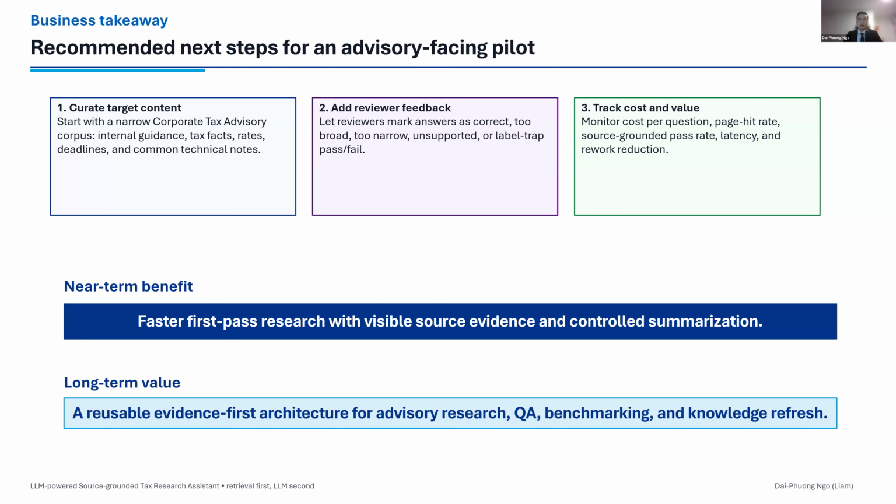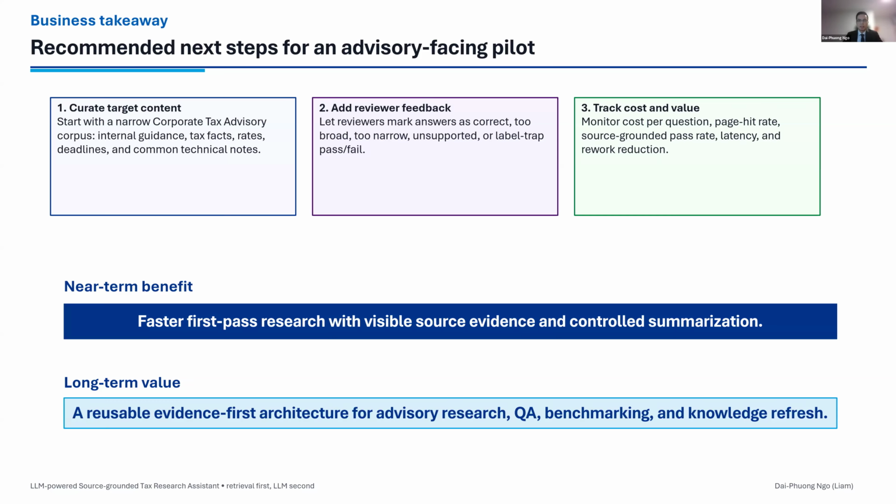My recommendation is to treat this as a pilot pattern rather than a final tax advisory product. The next step would be to curate a narrow advisory corpus, add review feedback, and track both quality and cost. The near-term benefit is faster first-pass research with evidence visible beside the answer.